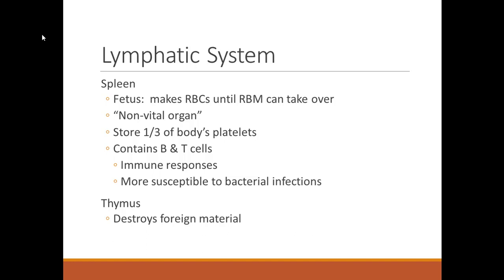So when the spleen detects bacteria and or viruses, it actually produces lymphocytes to go and fight off infections. So bacteria enter the body, the body becomes infected. The spleen's going to produce more lymphocytes to go to that place where there's an infection and take care of it.